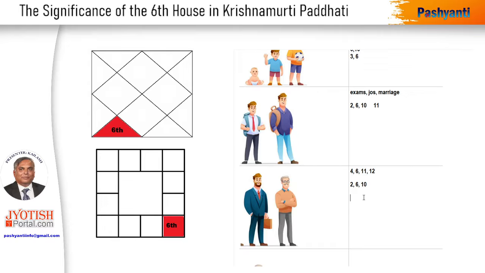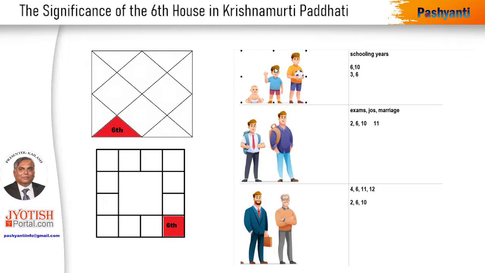But at the same time, Krishnamurti has also warned that too much of 6 and 10 without the other supporting houses like 7 and 11 creates a crisis in the marriage life of a person, and especially in this age bracket, where I would say the midlife crisis is part of the story, the proliferation of the sixth house along with the 10th house is not really a good combination. It might give success, but it can create other problems in life.